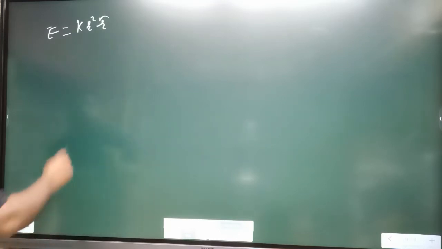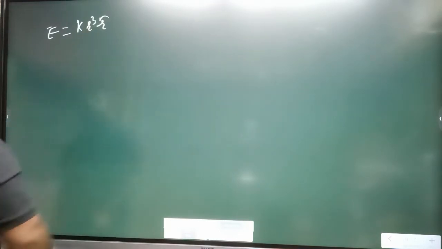Sorry, K R cube R cap. Consider it as spherical coordinates.